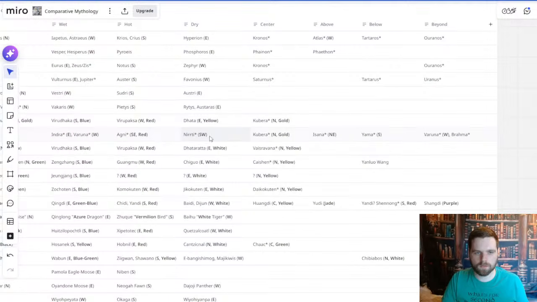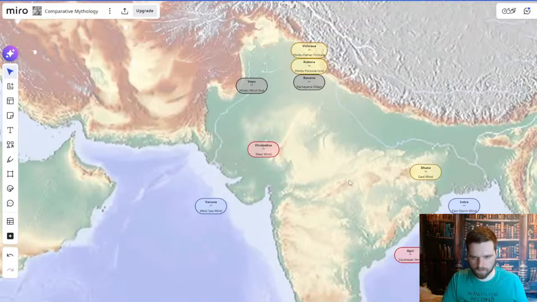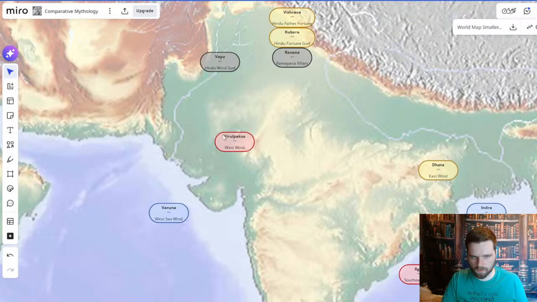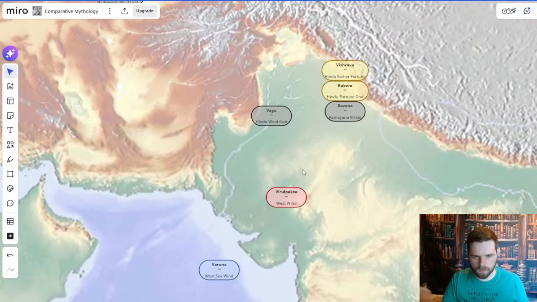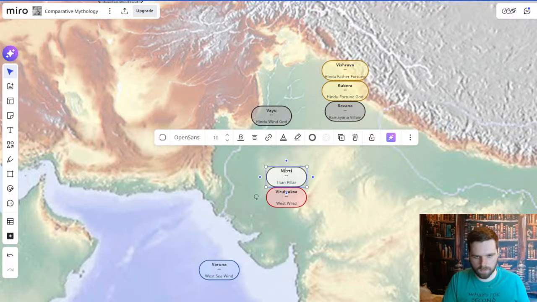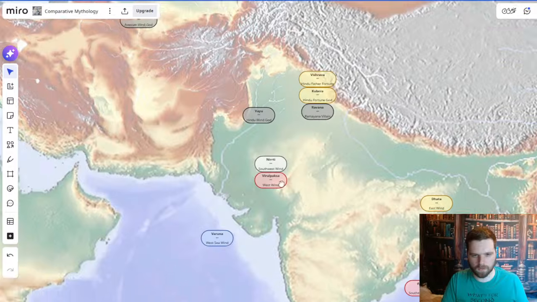Nerti is obscure. He is associated with the desert. So we actually have a true dry over here. The interesting thing is, southwest. His wind is associated specifically with this desert, the Thar desert.